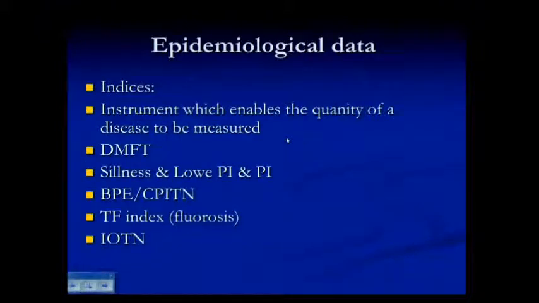I don't want to talk too much about indices, but when you come to look at studies, they talk a lot about indices and about what they've been used. Basically an index is just a means by which we measure a disease. And you use indices a lot because you use plaque and bleeding index, BPE is a type of index, DMFT, your index of orthodontic treatment need that we talked about last semester in CD2.